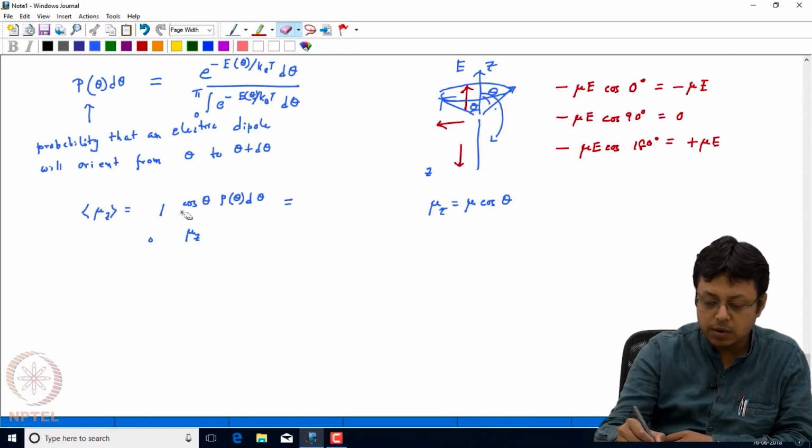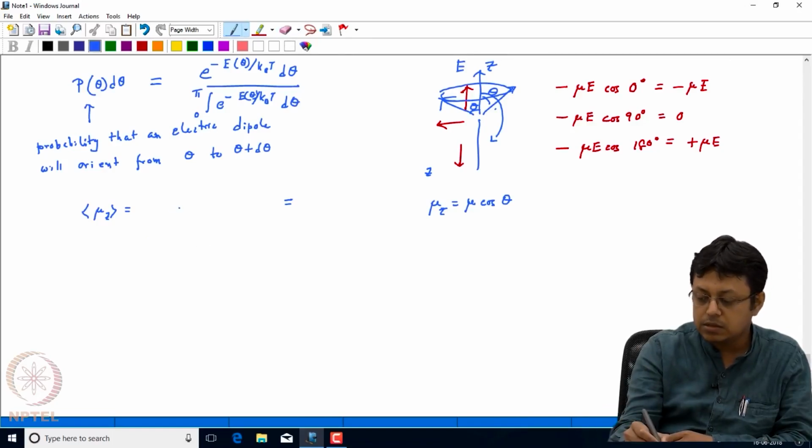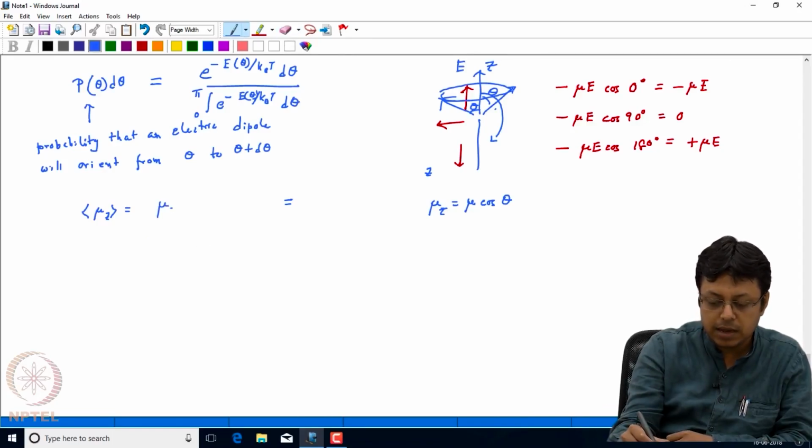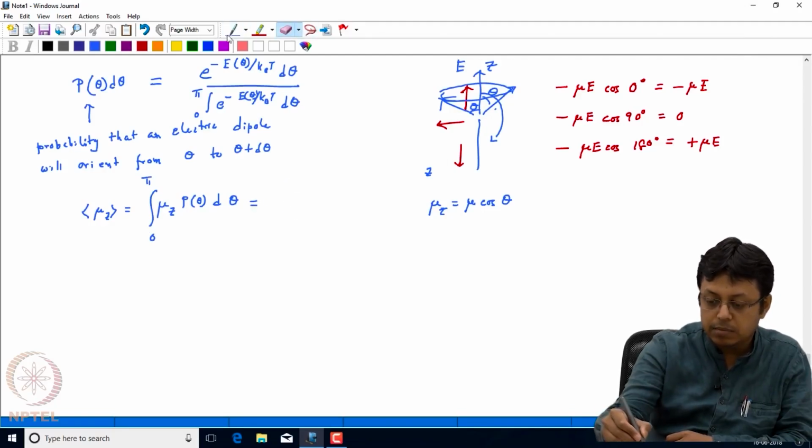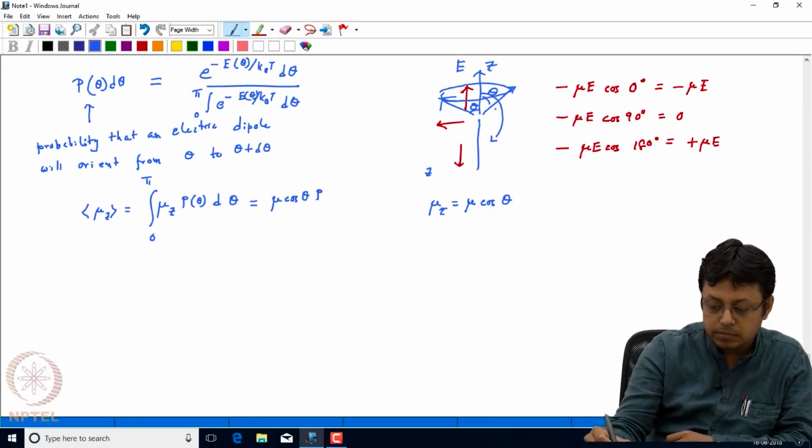Maybe we can write one more step just for our understanding. You take mu z and the probability distribution p theta d theta and integrate between 0 and pi, which is equivalent to saying that mu z is mu cosine theta p of theta d theta integrated over 0 to pi.